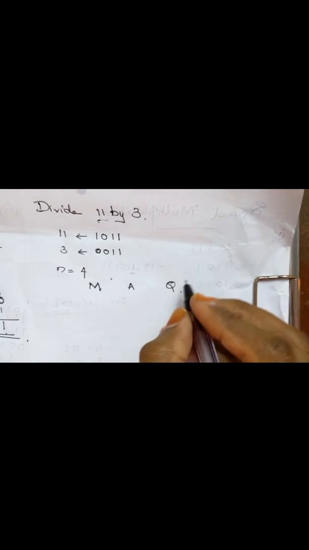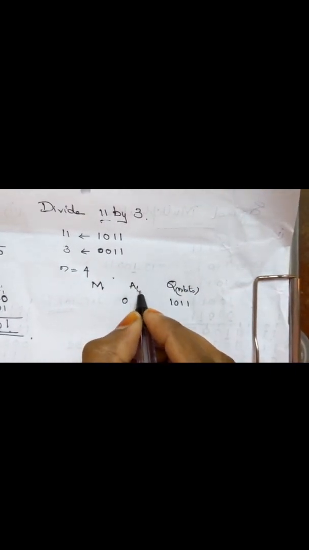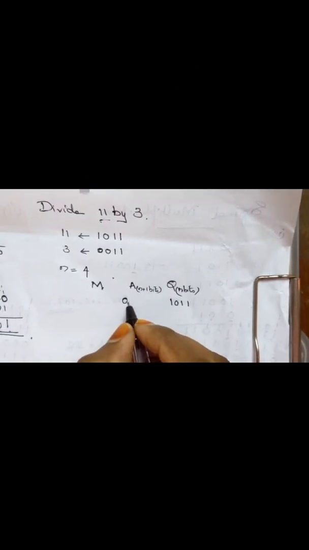From the diagram, you know that Q will have n bits, and Q will be storing the dividend part. From the circuit diagram, you know Q will have the dividend part. So here the dividend is 11, so Q will have 1 0 1 1. A will be initialized to 0, and it will have n plus 1 bits, so 5 bits, since 4 bits are used to represent the dividend.